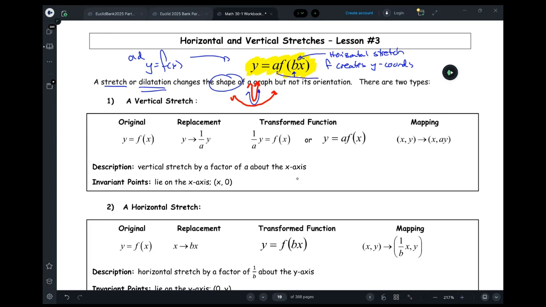And then I've got this a value multiplying the y coordinate, so that is going to change things vertically. That is going to be a vertical stretch. That's what a is responsible for. So catch the rhythm: b changes the independent variable, changes the x. F changes that result into a y coordinate. A now changes the y coordinate.